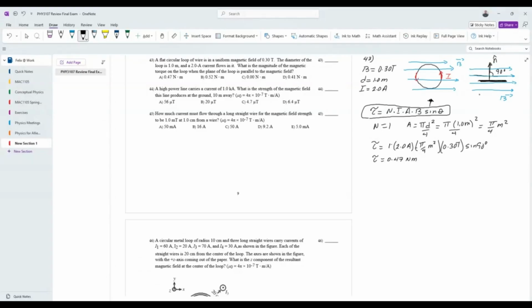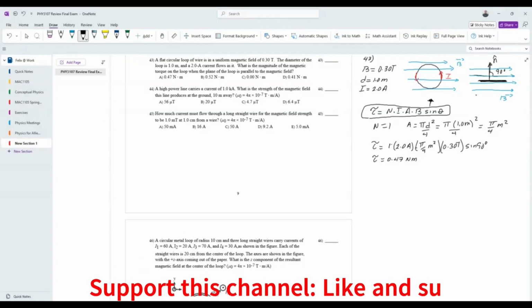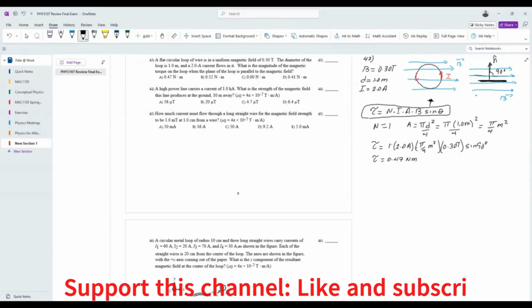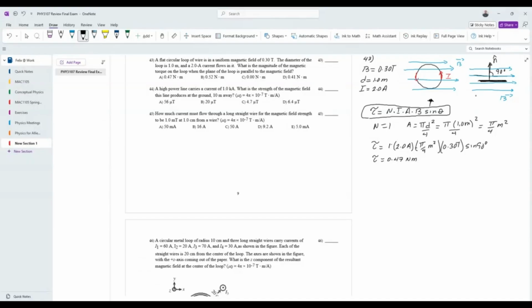So don't get confused. Remember that the angle, in the case of coils, is not measured with respect to the plane of the coil, it's measured with respect to the normal to that plane. So if the plane of the coil and the field are parallel, then the angle is 90 degrees because the normal is perpendicular to the plane of the coil.